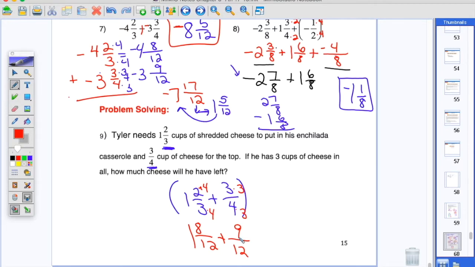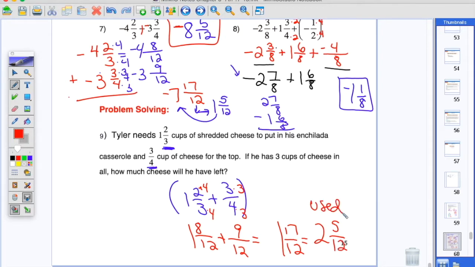We add those two together and we end up getting 1 17/12. This is how much he's used, but it's improper. So we're going to rename it. 12 goes into 17 one time, so add that to the 1, and you have 2 and 5/12 left over. This is how much he used.